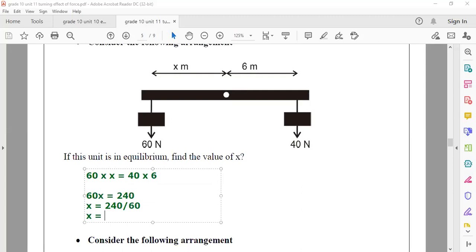It is your mathematics, you do and see. This kind of question will very often come in the exam papers. Understood? Yes, sir.